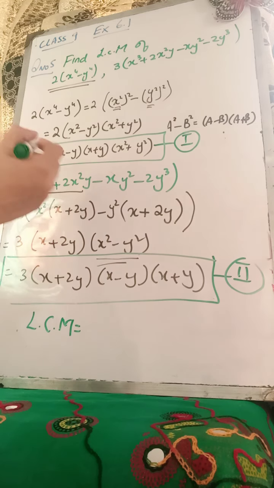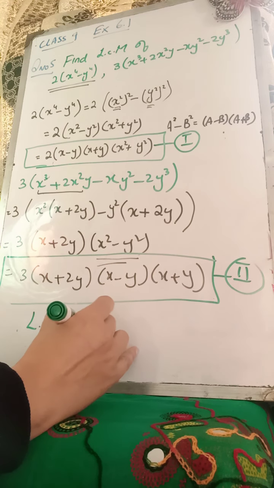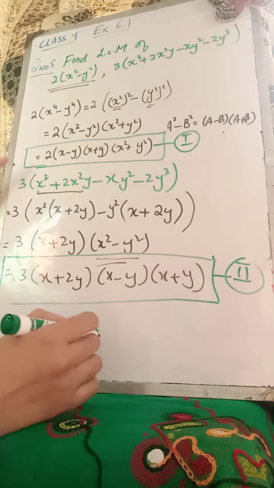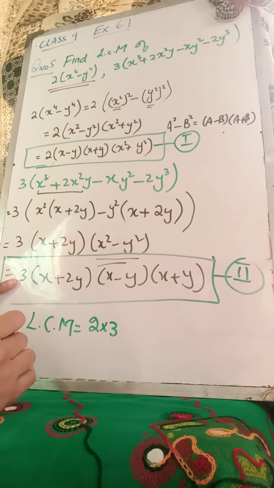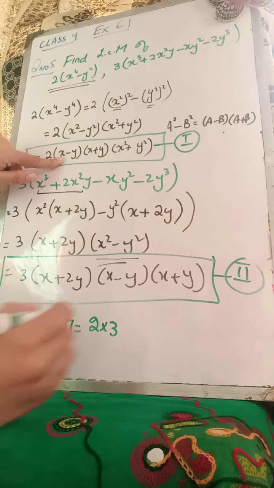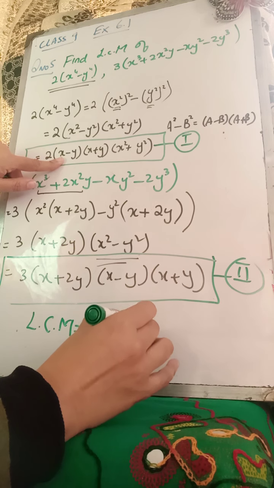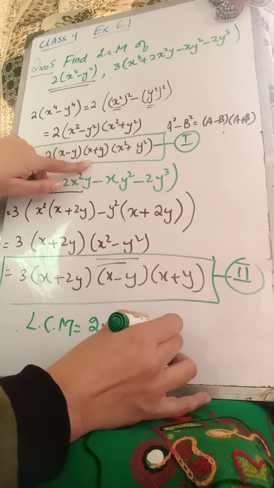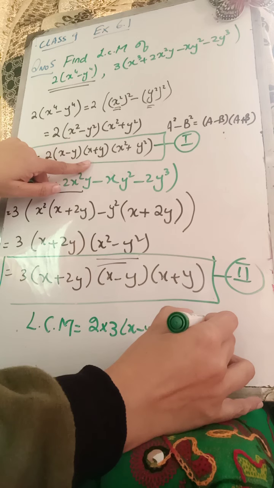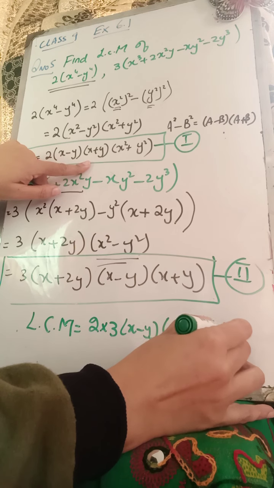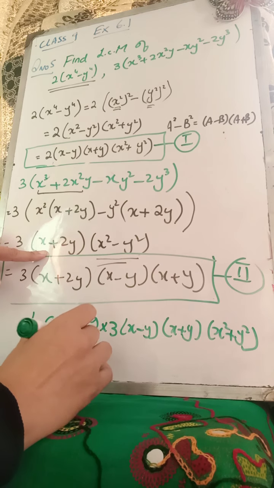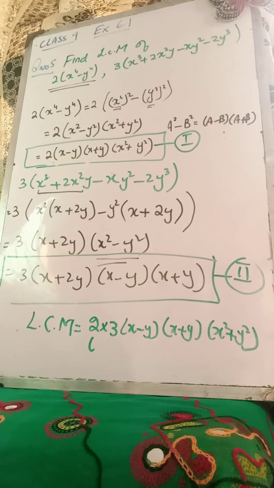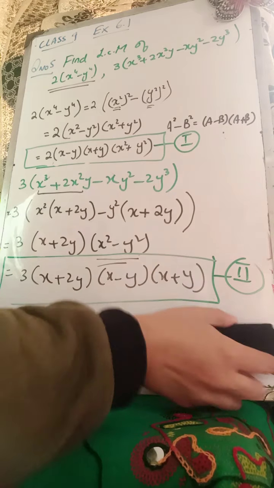For example, we have 2 over here, and 3. These are the two numbers that we have in the expressions. Then we have the factor x minus y, x plus y, and x square plus y square, and the factor x plus 2y.